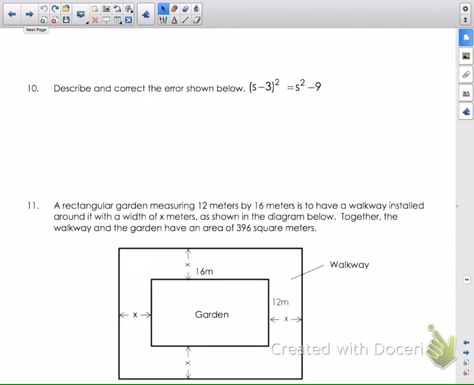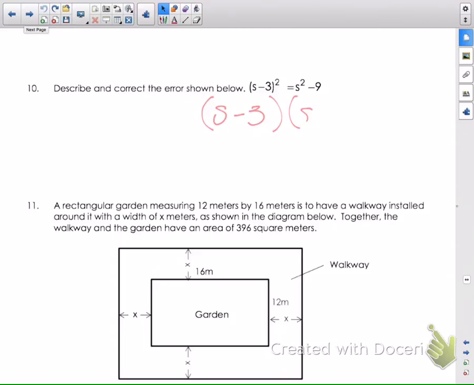Okay, number 10 is incorrect. S minus 3 to the second power does not equal S squared minus 9. What did they do wrong? They distributed the squared to both terms. What do we do instead? S minus 3 squared means what?